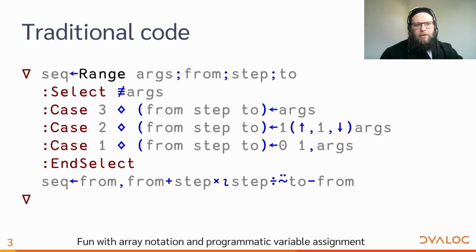Let's continue. If you only give one element, and it could be a scalar as well, then the tally instead of shape takes care of normalizing that. Then we just prepend 0 as a starting point and 1 as the step size, and then we have the ending point preserved.